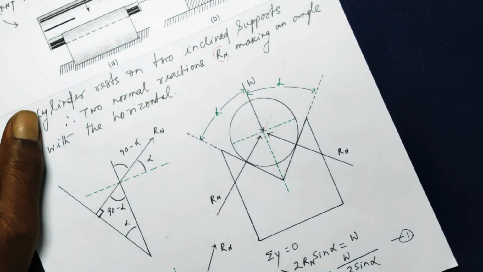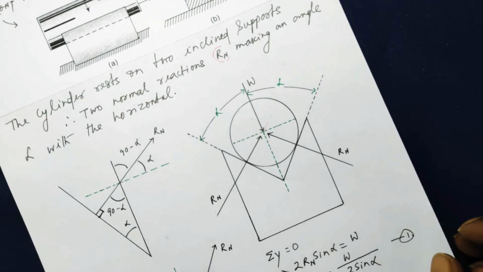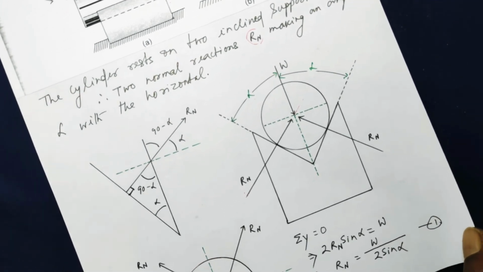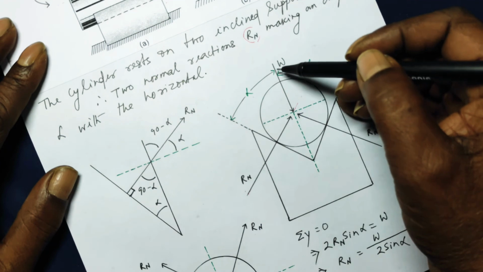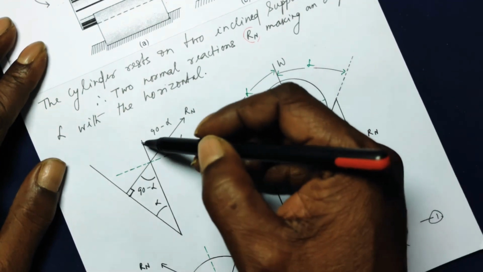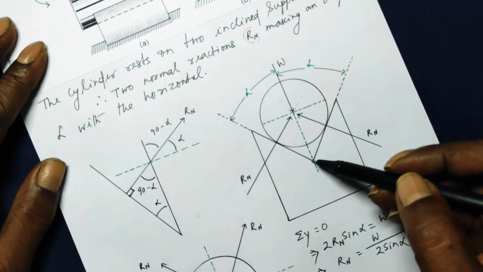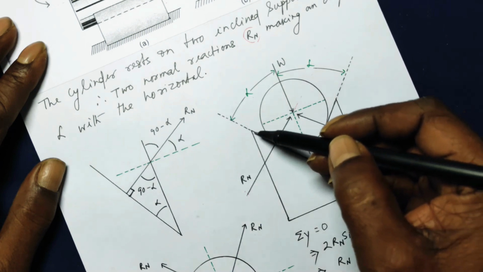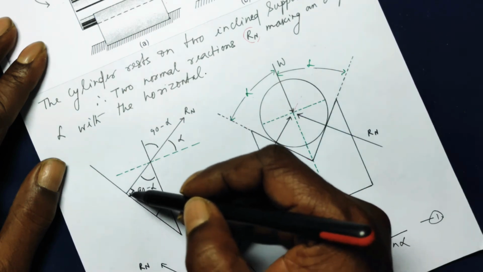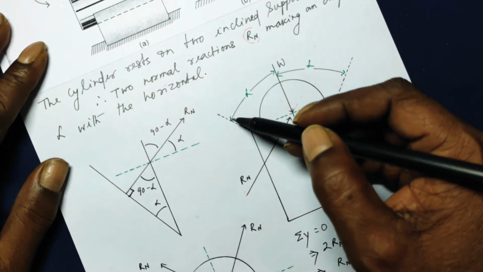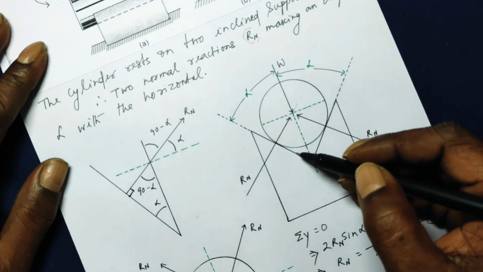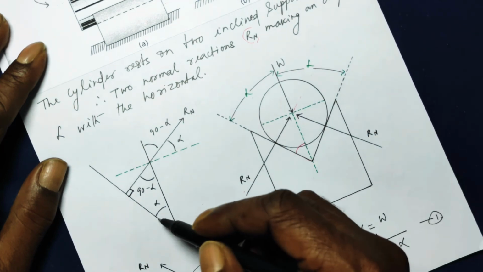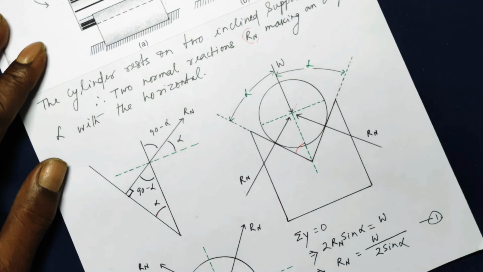Now look at this portion. This line is the same thing as this line. This line is the same thing as this line. Since this angle is alpha, that is the same thing as this angle alpha, which I have shown here.